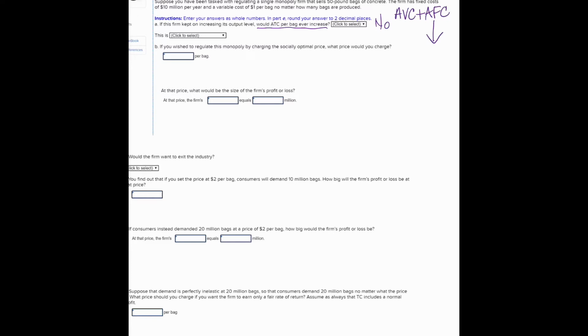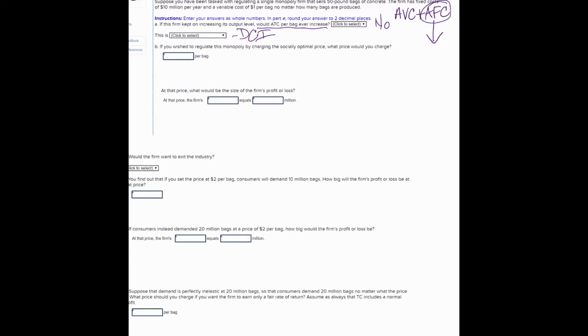So if we were looking at this, would the average cost per bag ever increase? No, because of that drag of the AFC. And what we can see about this is this defines for us a decreasing cost industry. So by definition, because again, that spreading effect of the average fixed cost.